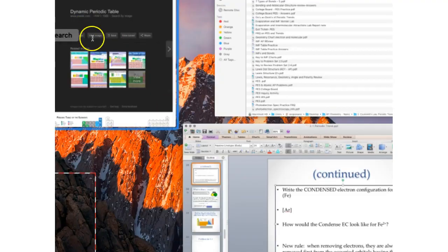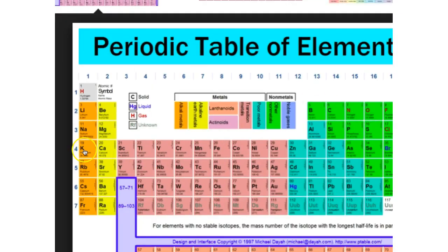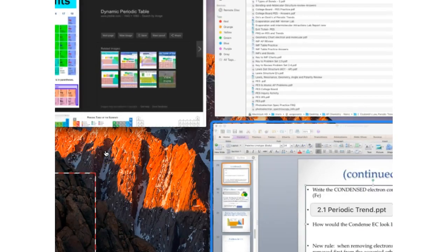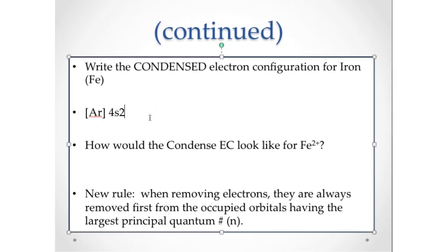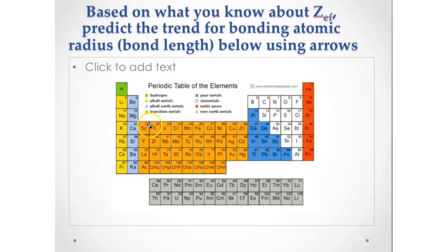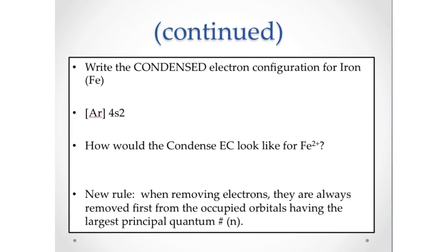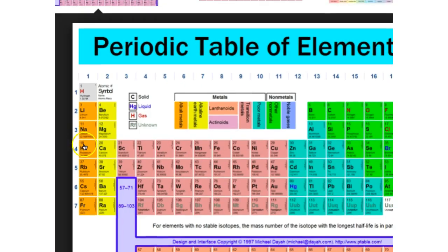And then argon is 4s2. And then 3d1, 2, 3, 4, 5, 6. 3d6. Yeah, remember it moves down one energy level, so 3d6.